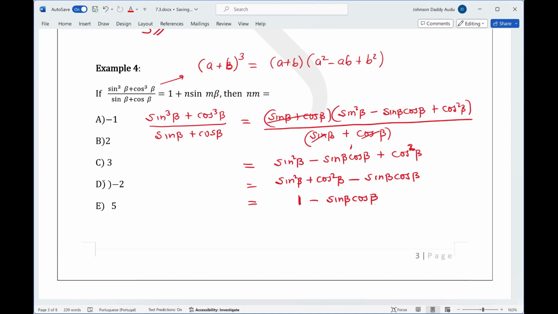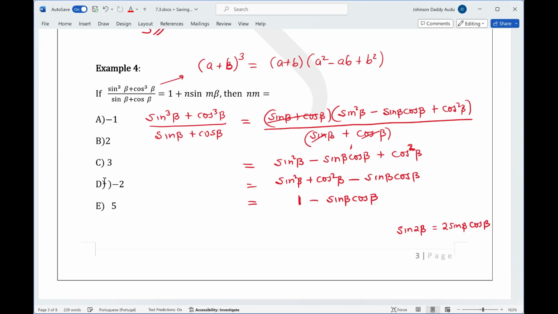We know from this formula that if I have sine 2 theta, or 2x, it is 2 sine x cosine x. Now, let's use beta since we are dealing with beta. Sine 2 beta is going to be 2 sine beta cosine beta, right?